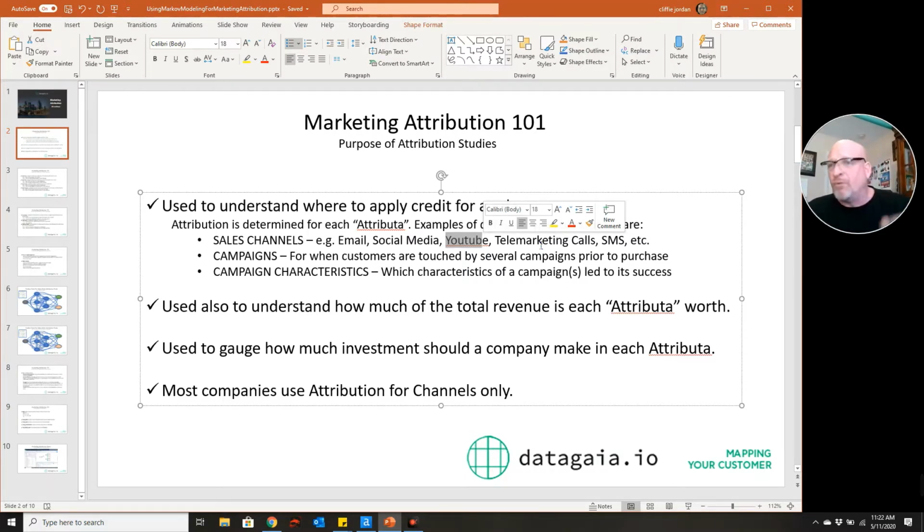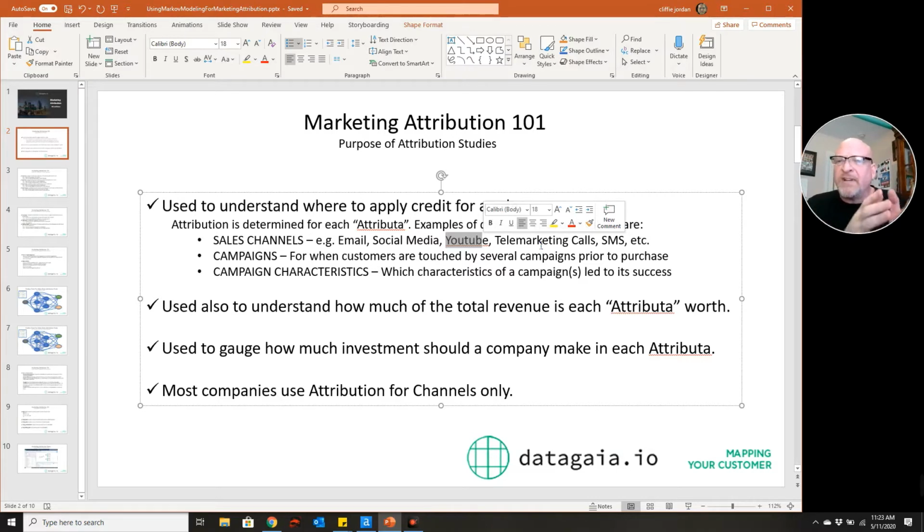Also, you could do actual characteristics of campaigns. Let's say that you only have social media ads, and you say, well, we're going to touch people with social media ads with a black background, and then others we're going to do with a white background, and then another one we're going to do with a rainbow background, and then another one we're going to do this and do that.